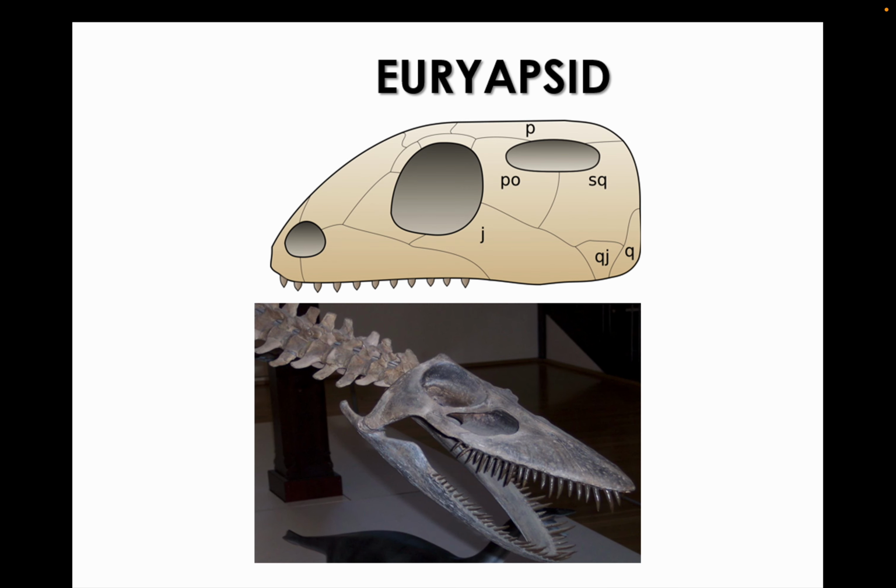Euryapsid is a modification of what was believed to be a kind of synapsid pattern, but eventually was found to be a modification of the diapsid temporal fenestra plan.